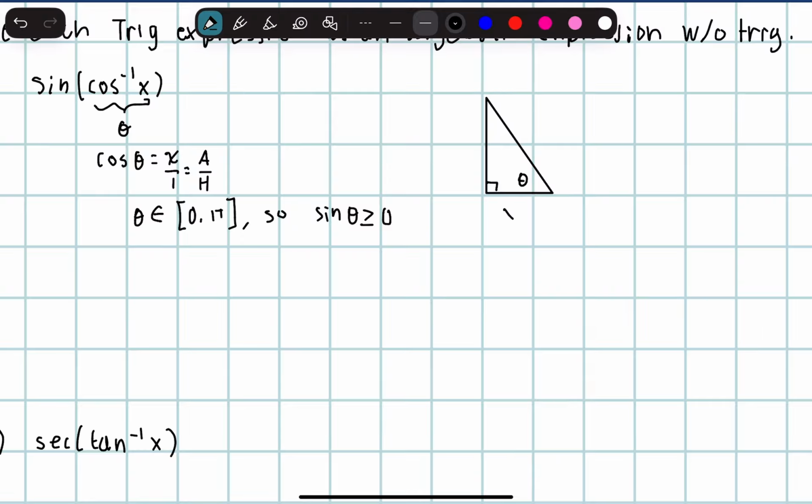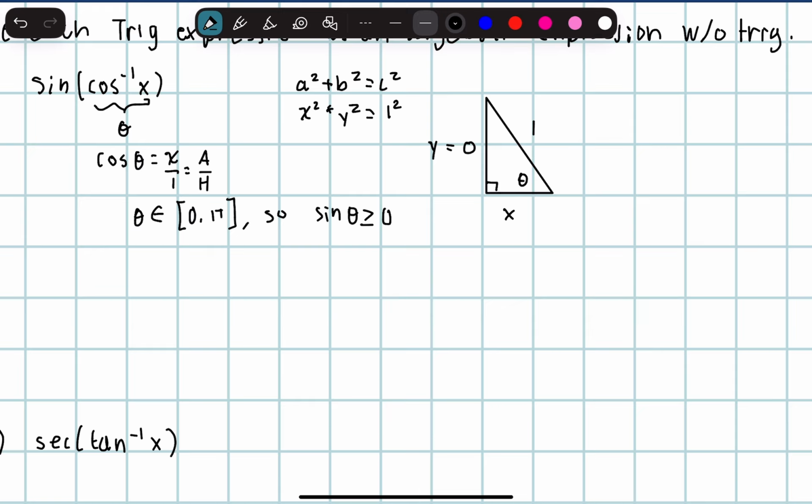Then we have the opposite side. Remember we have the Pythagorean theorem: a squared plus b squared equals c squared, so x squared plus, we'll just call this y for now, y squared is going to be equal to 1 squared.